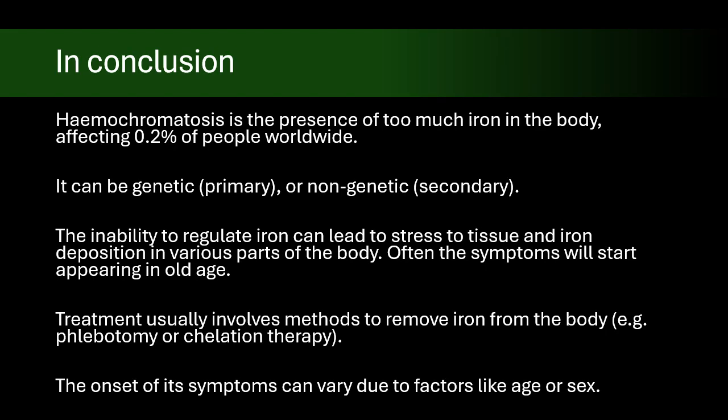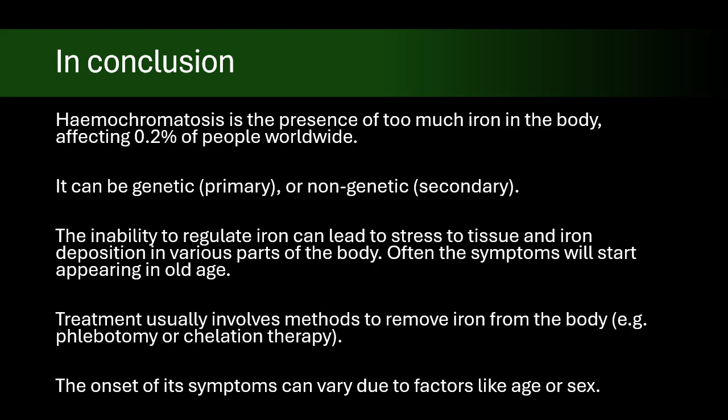So in conclusion, haemochromatosis is the presence of too much iron in your body, and this affects around 0.2% of people worldwide. Haemochromatosis can be genetic, and this is called primary haemochromatosis, or very rarely non-genetic, and this is called secondary haemochromatosis.